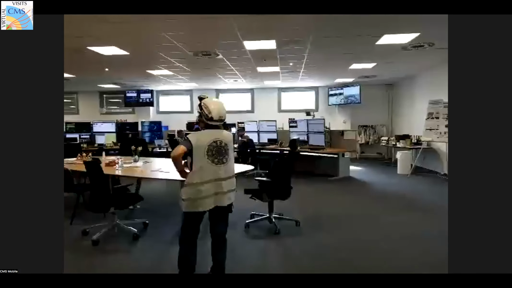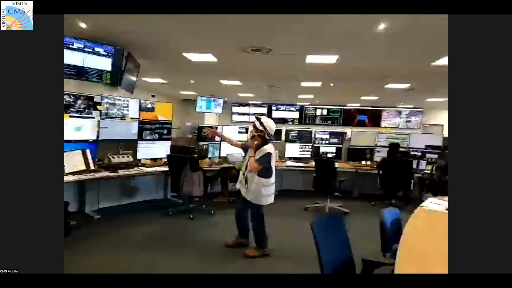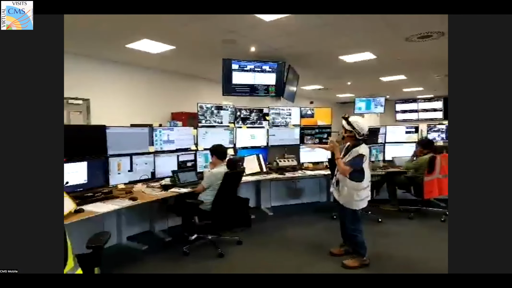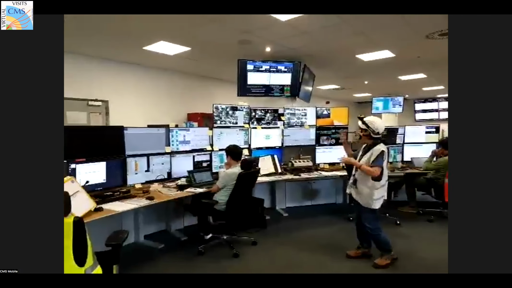Okay, just quickly, we want to comment. Here we have what we call the technical side of the control room, which takes care of the safety, the infrastructure, and the powering, etc. Then here we have the shift leader, the commander, the pilot of the crew.